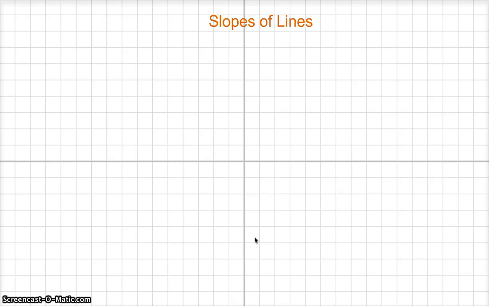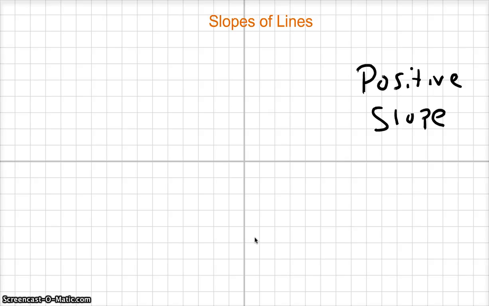So on the back of the cover page, you had 4 graphs, alright? We are going to write on the first graph. On the right-hand side of it, I want you to write positive slope.